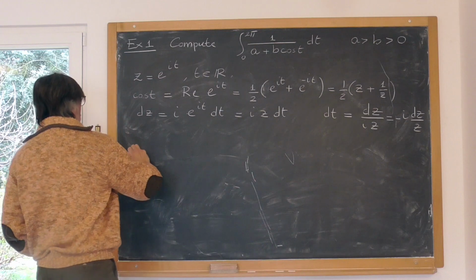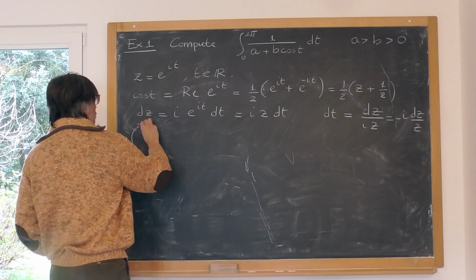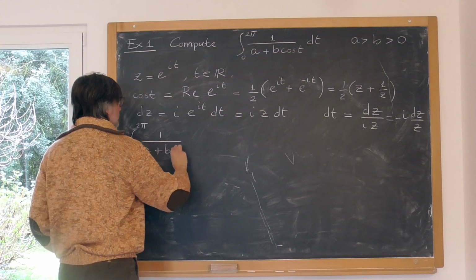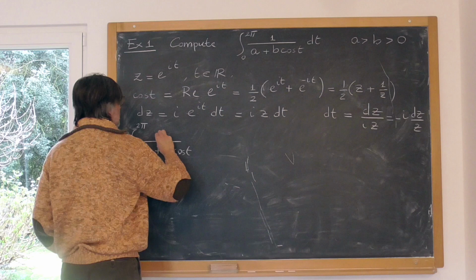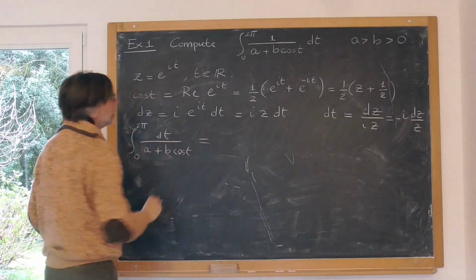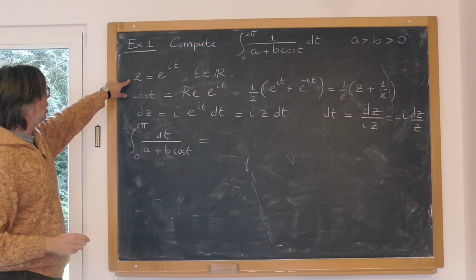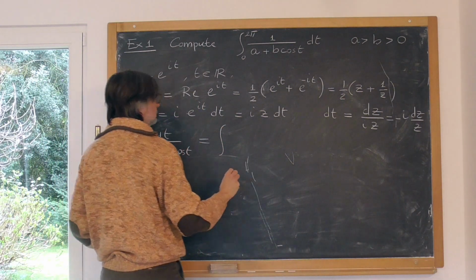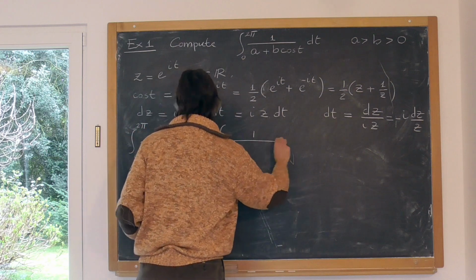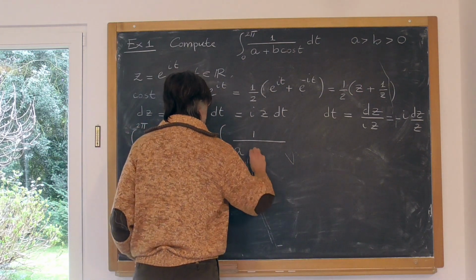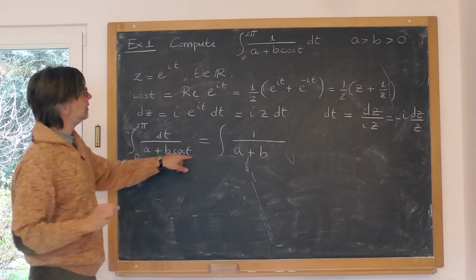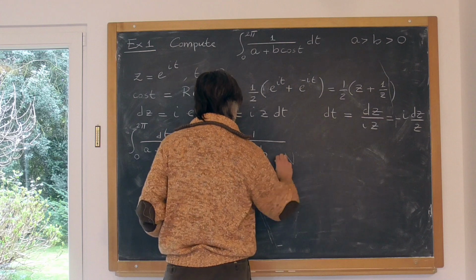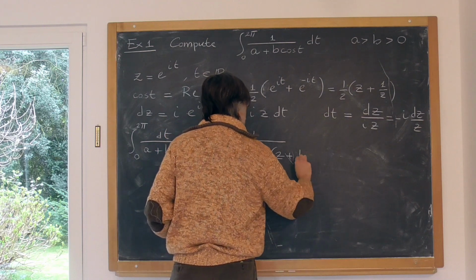Then our given integral, 0 to 2 pi of 1 over a plus b cosine t dt, if we make this substitution, becomes 1 over a plus, instead of cosine t, I use this formula, b times 1/2 (z plus 1 over z).